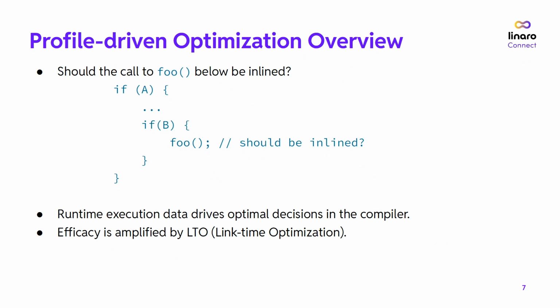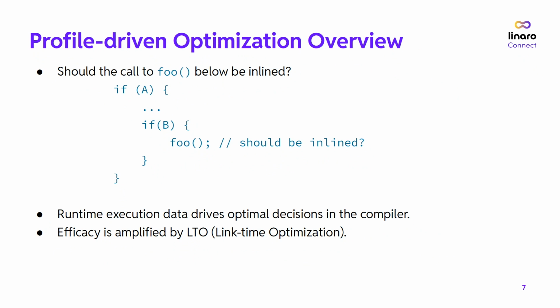And the compiler might decide that this is not significant enough and skip the inlining. If on the other hand, we have profiles that say that A and B are very highly likely to be taken, then foo is in a hot path, and the compiler can eagerly inline foo. On the other hand, if the profile says foo is in a cold code path, then it can skip the inlining, right? So the availability of profiles helps the compiler make informed decisions to extract as much performance as possible from the hardware.